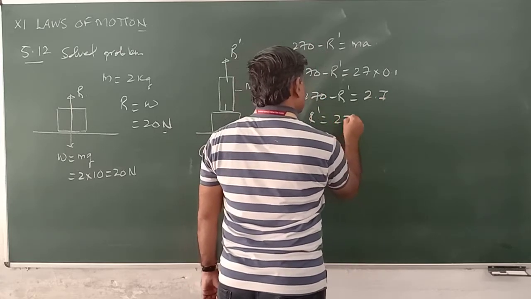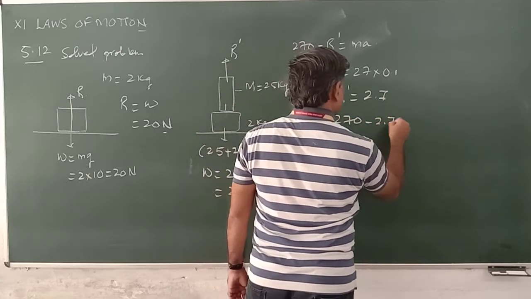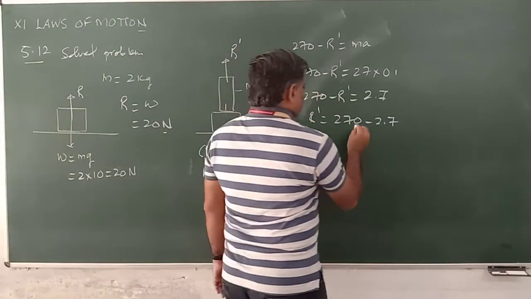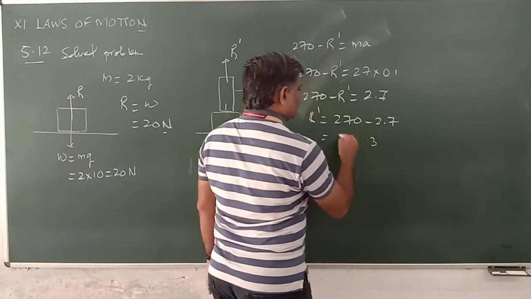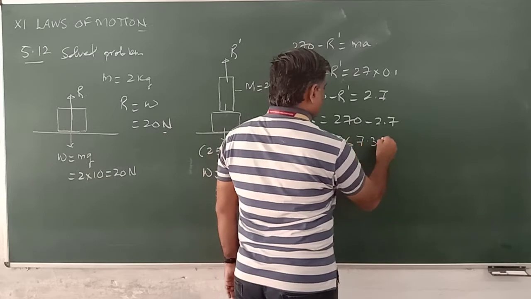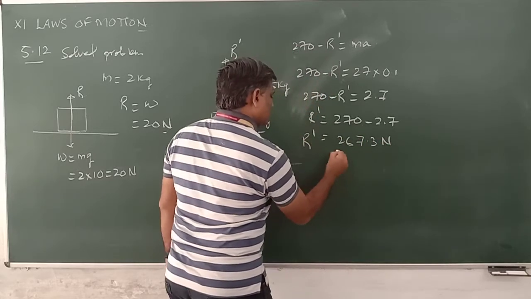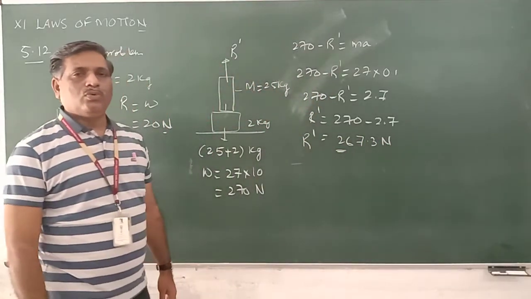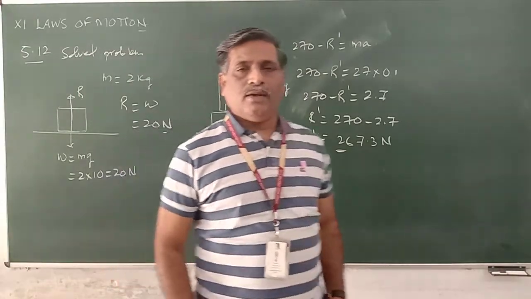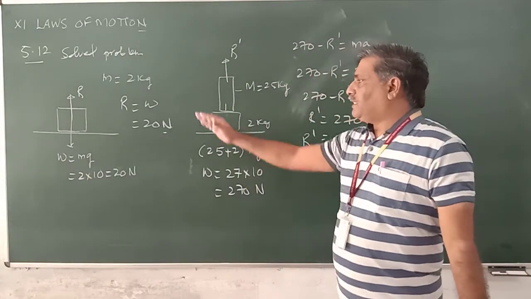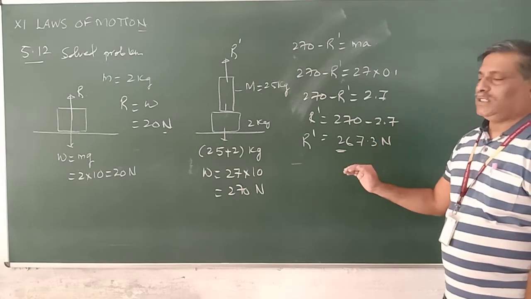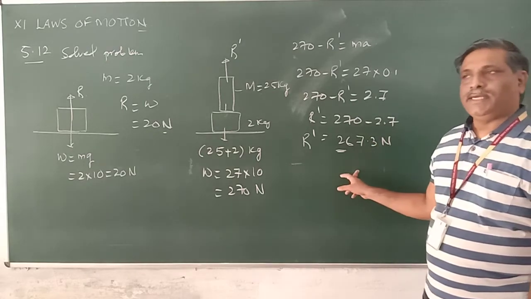R prime is equal to 270 minus 2.7, which becomes 267.3 Newton. So the normal reaction is 267.3. The situations are different. In one case it was stationary; in the other case it was moving in the downward direction. So here the reaction is reduced.